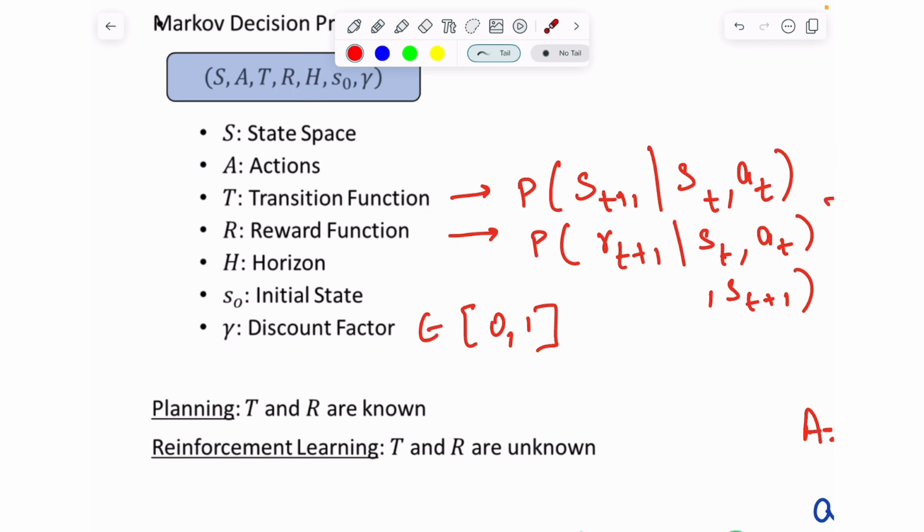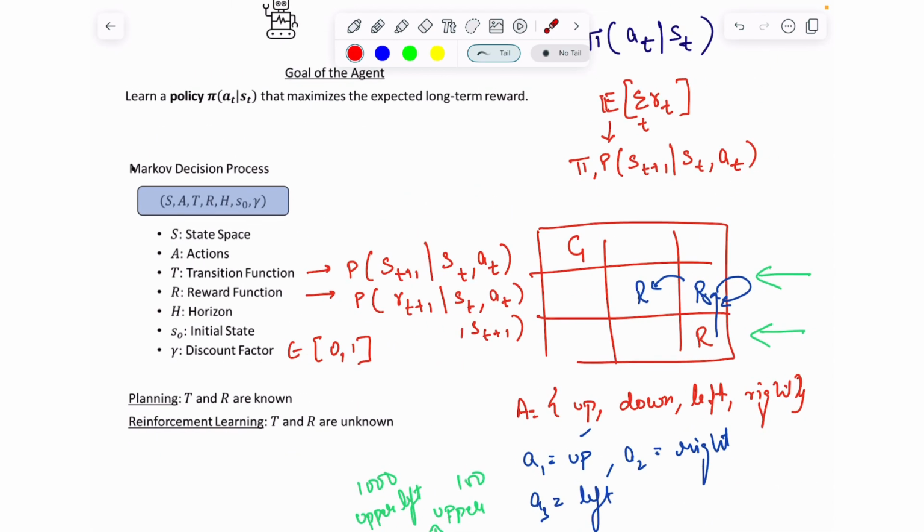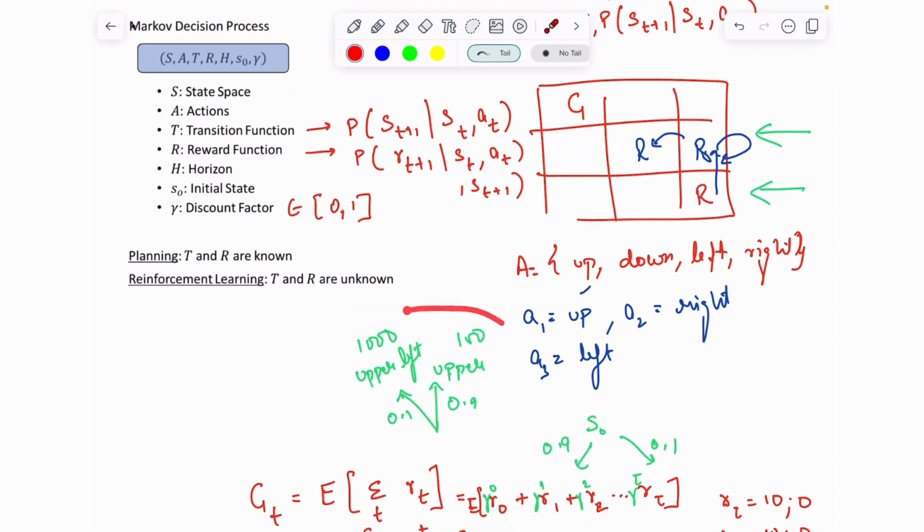But in the case of reinforcement learning, these are unknown to us. If these probability distributions, that is, what is going to happen if I take an up action or a left action, are provided to you, then it is traditionally called a planning problem, otherwise it is called reinforcement learning.